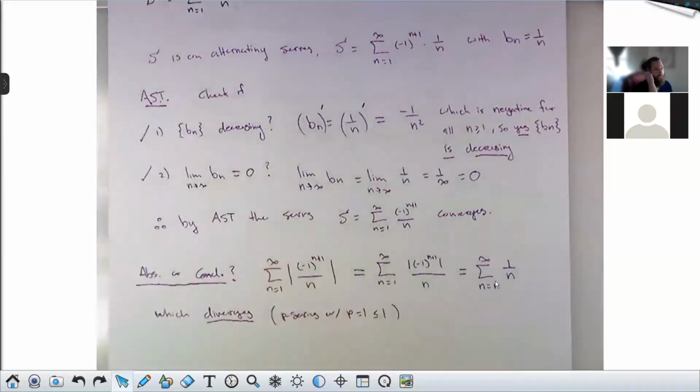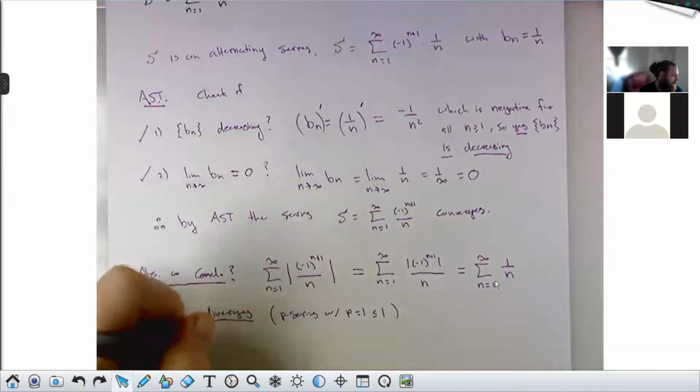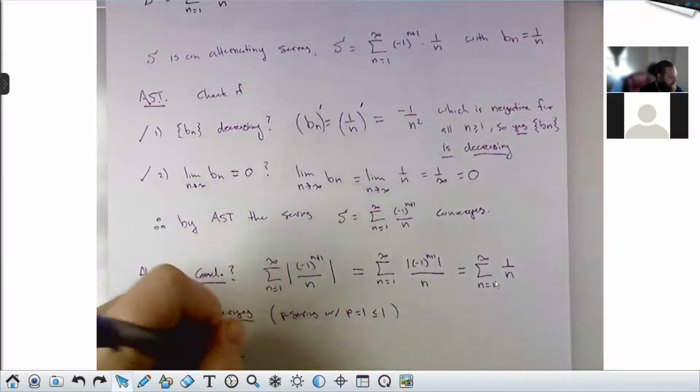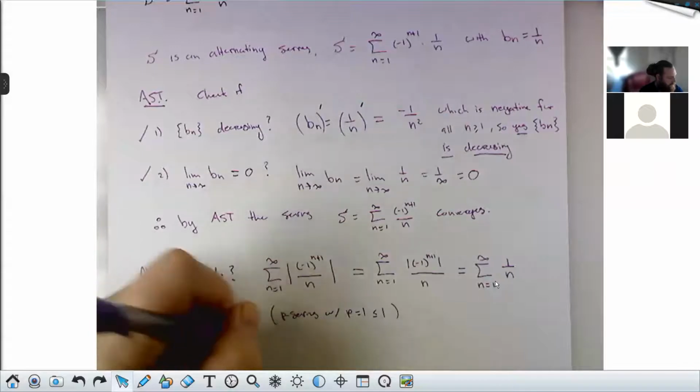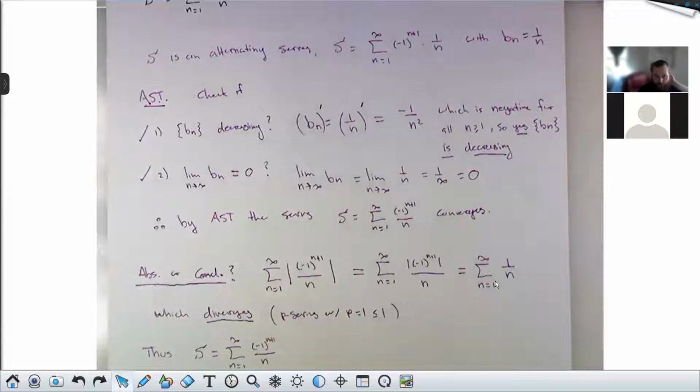So the new absolute value series is divergent, but the original series is convergent. So what does that tell me about the series S? That's my original series. Good.